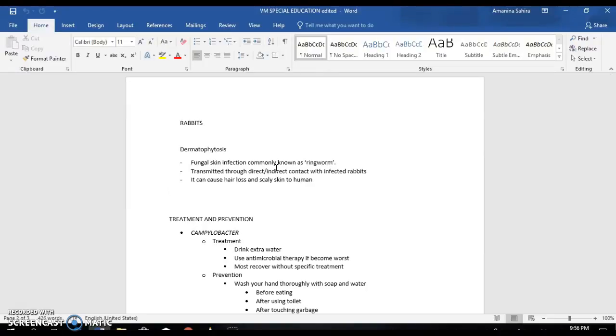Dermatophytosis is a fungal infection caused by the dermatophytes, a fungal skin infection commonly known as ringworm, which tends to grow outwards from the skin, producing a ring-like pattern. It can be transmitted through direct and indirect contact with infected rabbits. It can cause hair loss and scaly skin in humans.